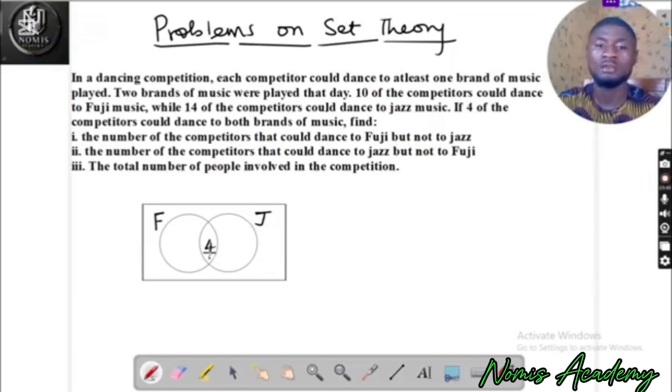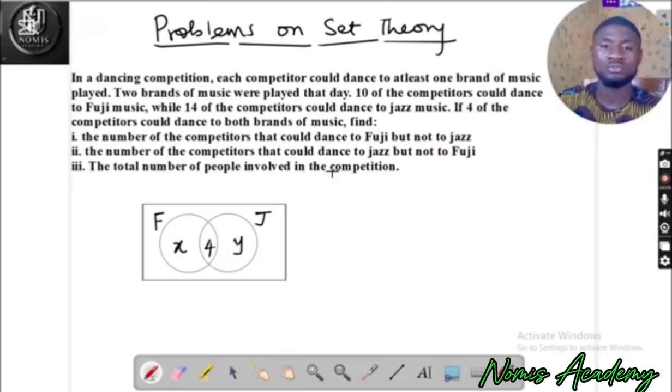We only know that 4 plus a particular number of people dance to Fuji, and 4 plus a particular number of people dance to jazz. So we are going to find out by our analysis. So this is going to be x, and this is going to be y.